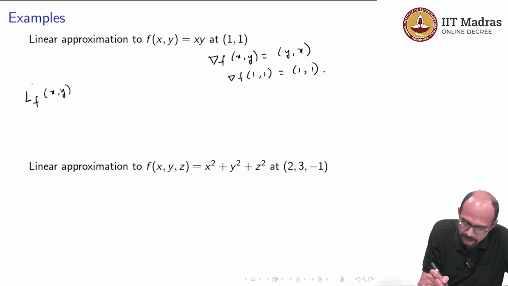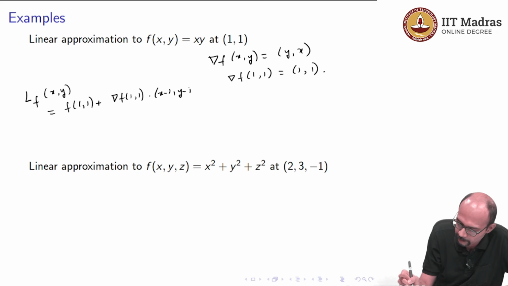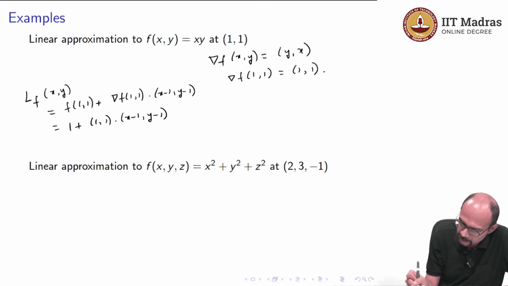I have to also emphasize that this is the linear approximation close to 1 comma 1. So, I will say that Lf of x comma y is f of 1 comma 1 plus the gradient at 1 comma 1 dot with x minus 1 comma y minus 1, which is 1 plus 1 comma 1 dot with x minus 1 comma y minus 1, which is 1 plus x minus 1 plus y minus 1.